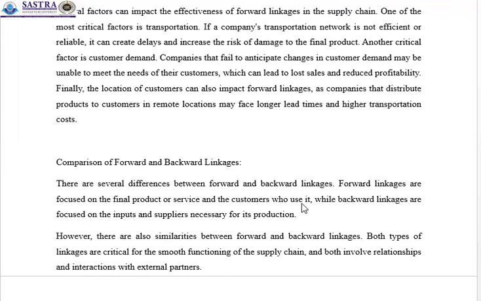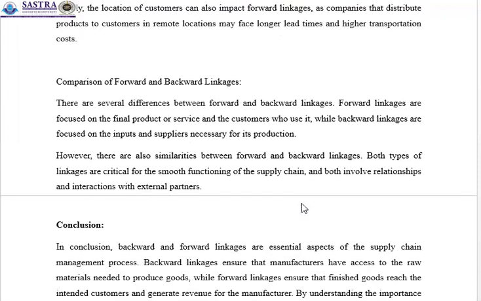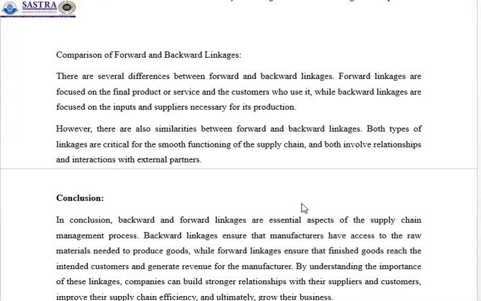Then we will have to compare the forward linkage with the backward linkage. Several differences are there between these two. Forward linkages focus on the final product or service the customer uses, while the backward linkages are focused on the inputs from the suppliers which are necessary for production.